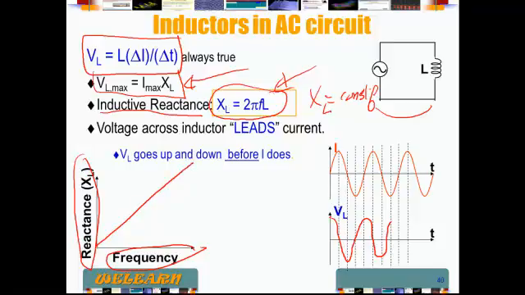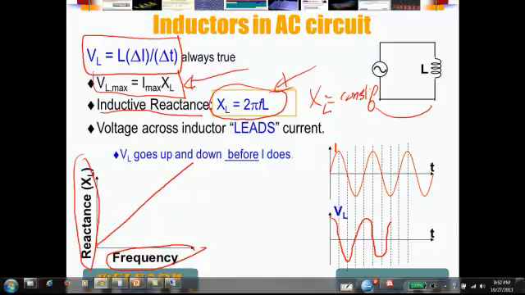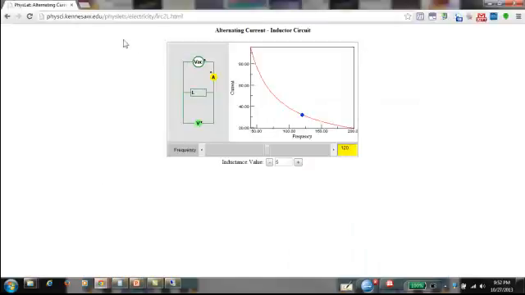If instead we would like to look at the current as a function of frequency, this is what we get. So it's essentially the opposite of what we have seen for a capacitor. We have the 1 over F dependence here for the current, while for the capacitor we found the 1 over F dependence for the reactance.